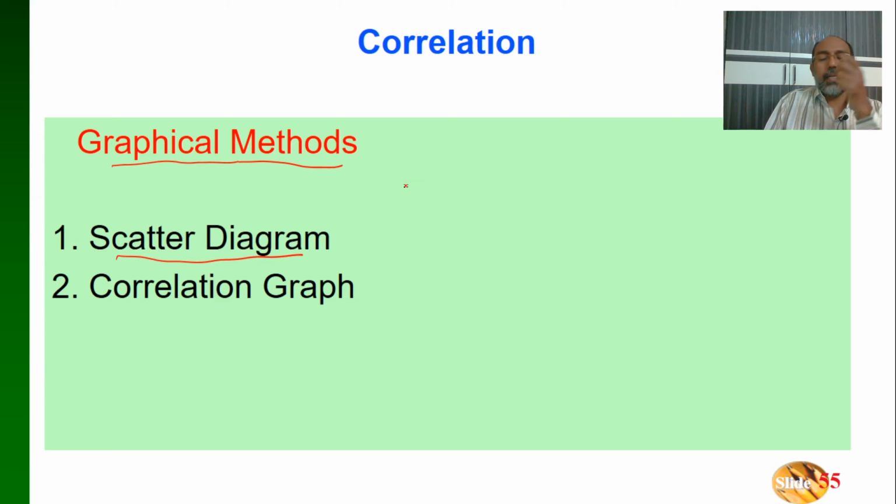According to the scatter diagram method, you just plot all the variables on a graph so that you can see the trend and the behavior according to the concentration of the dots on a graph paper.